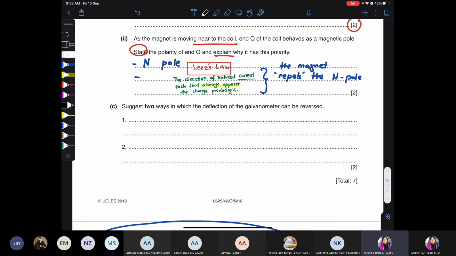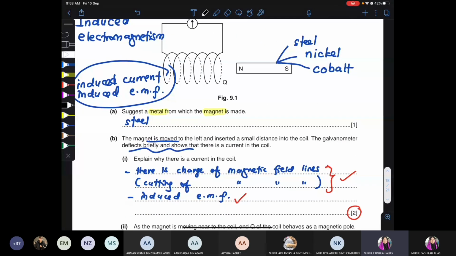Senang saja, you tukarlah direction of the conductor tu, ataupun awak masukkan arah lain. Kan tadi awak masukkan the magnet into the coil. So sekarang ni awak alihkan south yang masuk dulu. Okay.